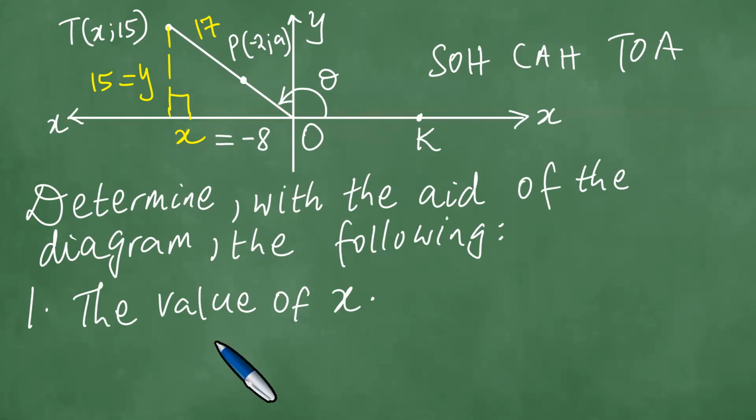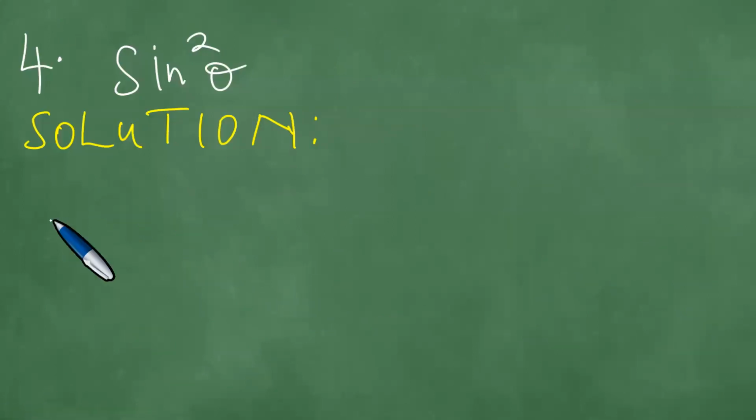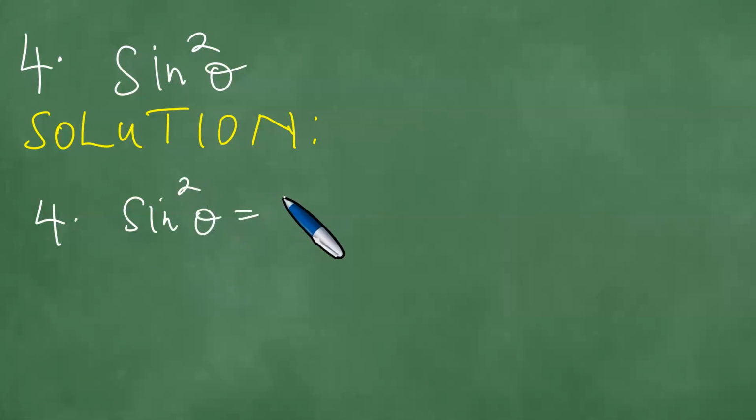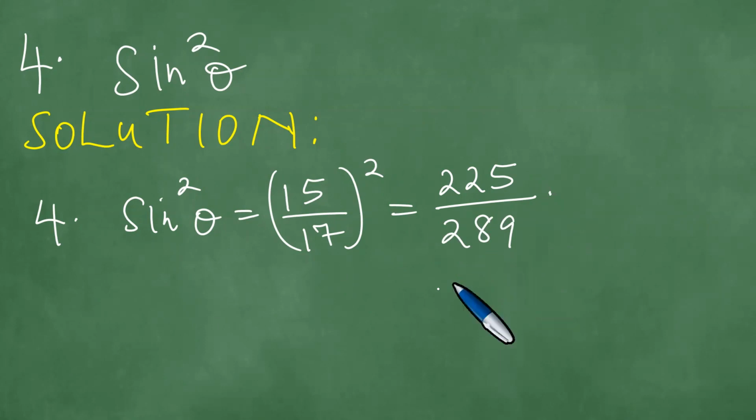It is 15 over 17, exactly opposite over hypotenuse. Well done. So sine squared theta is 15 out of 17, all squared. And therefore, the result here is 225 divided by 289. This is the answer.